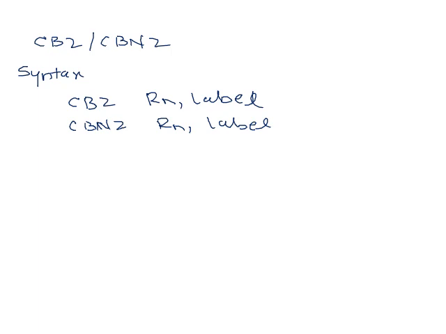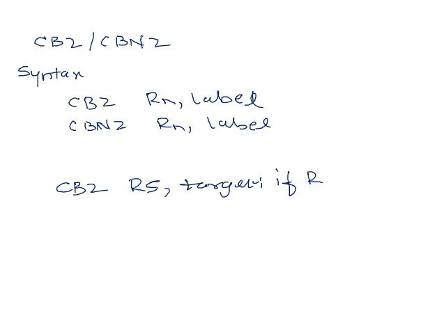If you consider a few examples here, I can write cbz r5, target. Something like, if r5 is 0, compare and branch if 0.